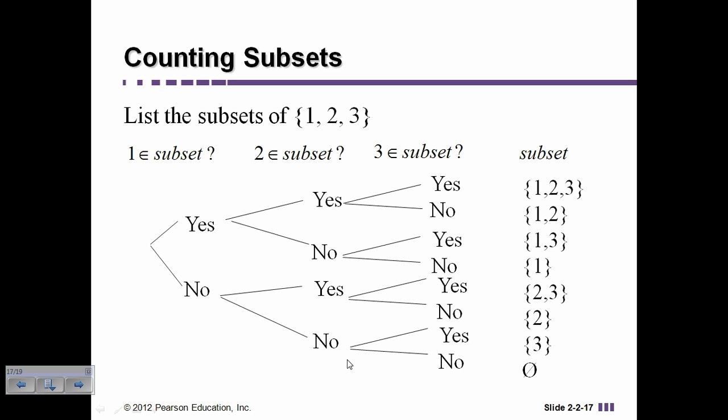So these are all the possible subsets for a 3-element set. I'm sorry, I said that wrong. 2 to the third power is 8, and you'll notice that the number of subsets that we have in our list is 8.